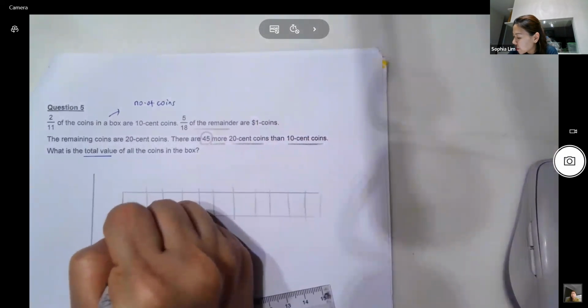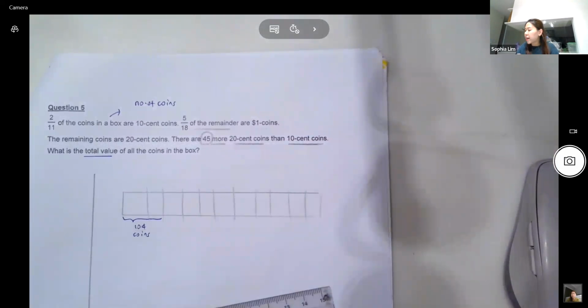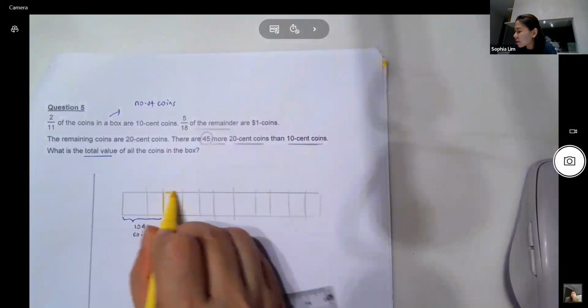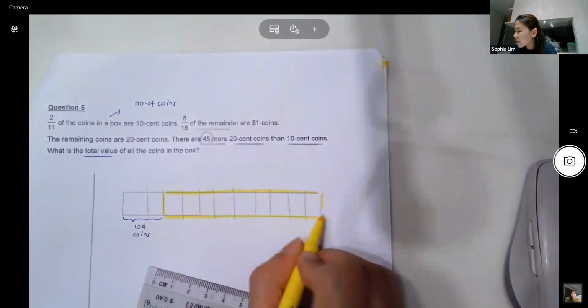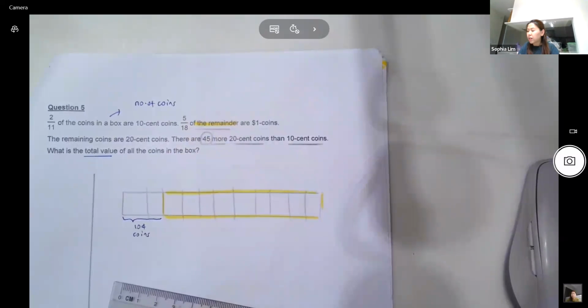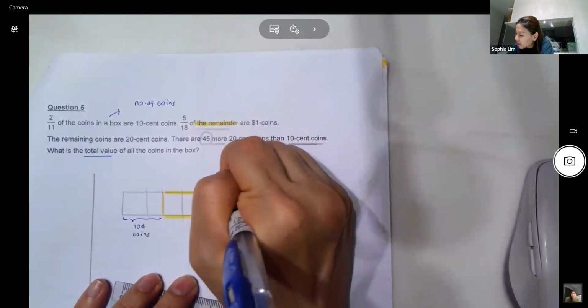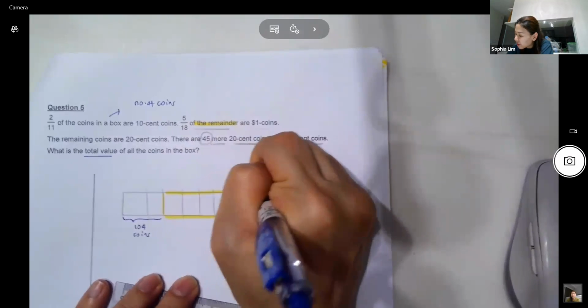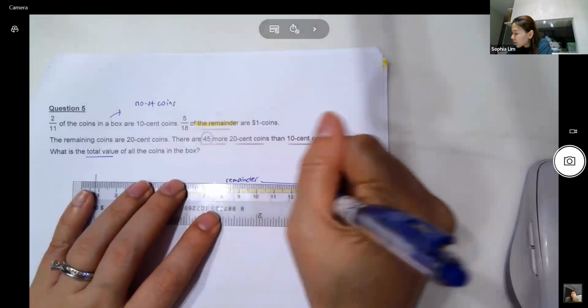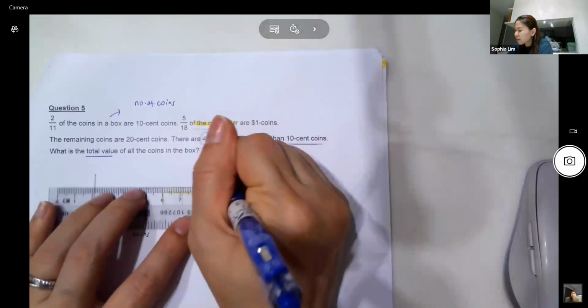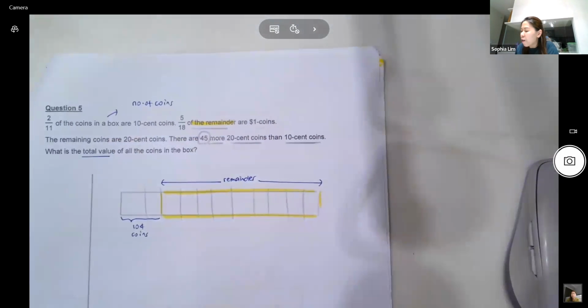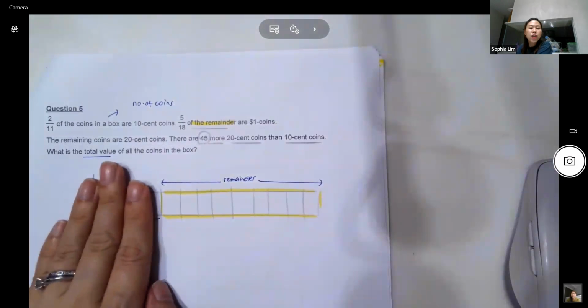So there are 2, that is 10-cent coins. And the rest are the remainder. 5 out of 18 of the remainder are $1 coins. Let's check.